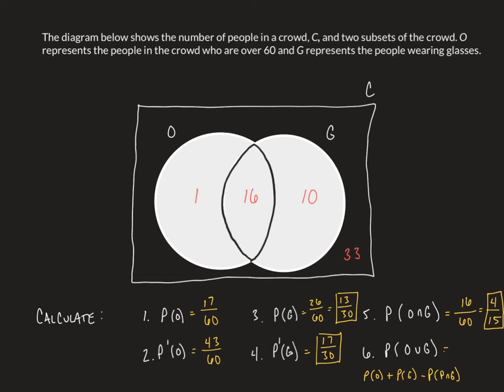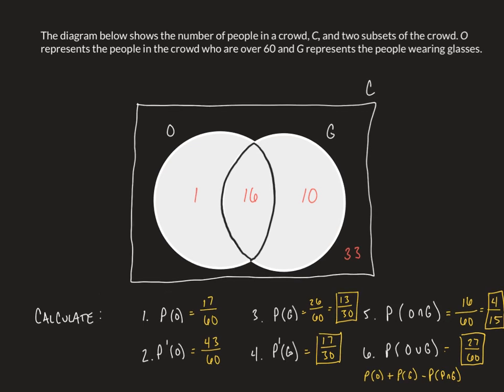Okay, so now we are up to 43/60ths. And don't forget, we still have to subtract the intersection. So 43 minus 16, because our intersection is 16, gives us 27/60ths.